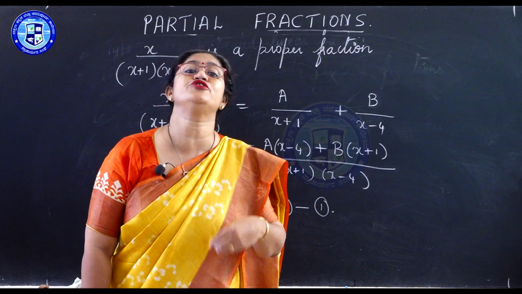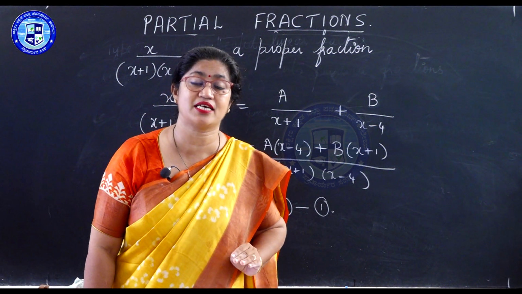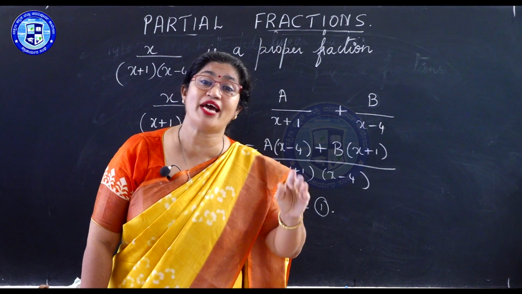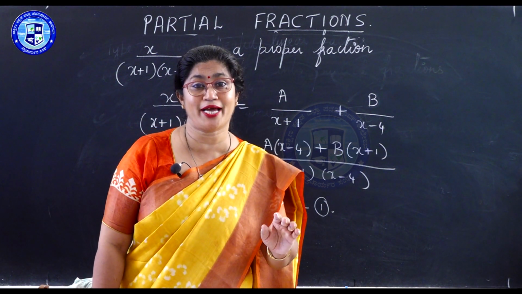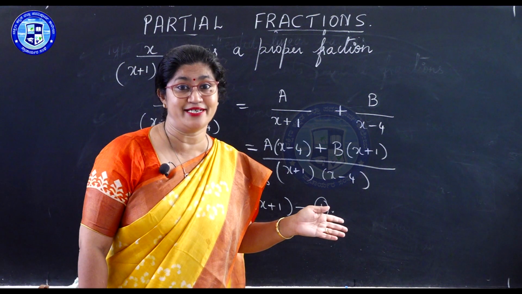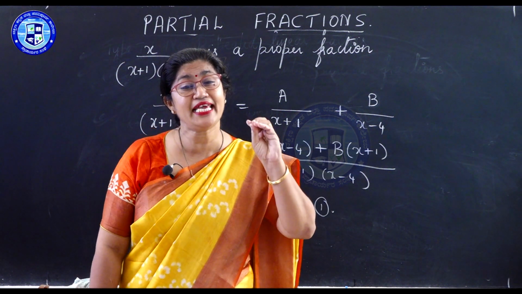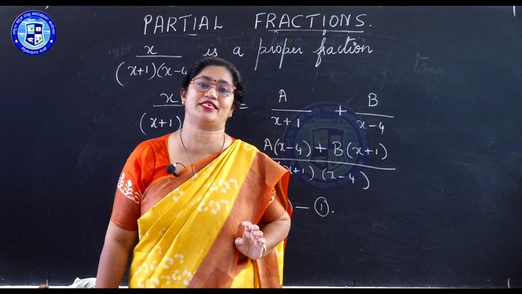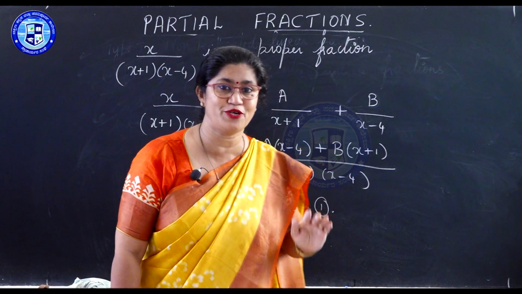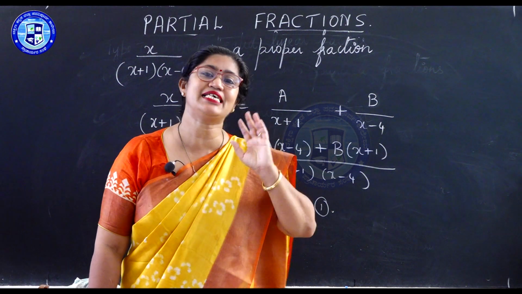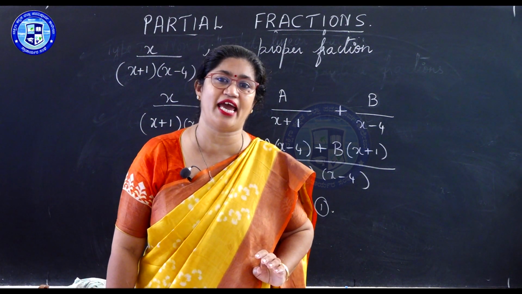You can substitute any value for x, but substitute such values of x so that life will be easier and solving becomes easier. So what is that easiest value of x you can substitute so that you can easily calculate the value of a and b?